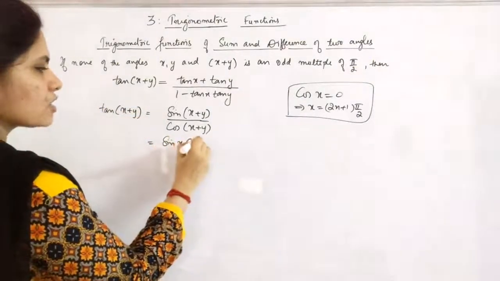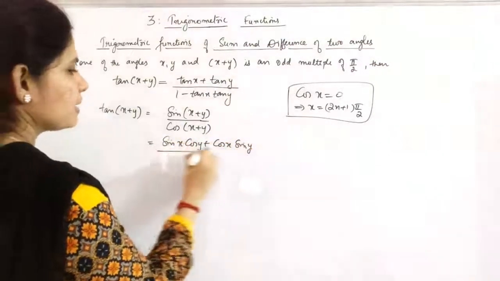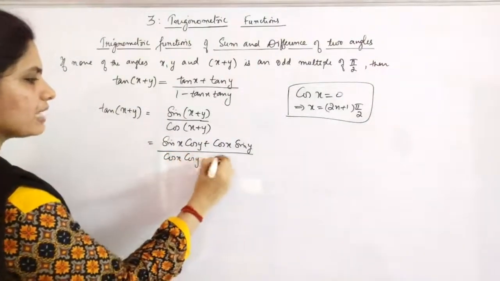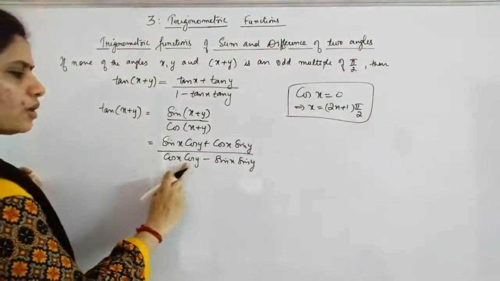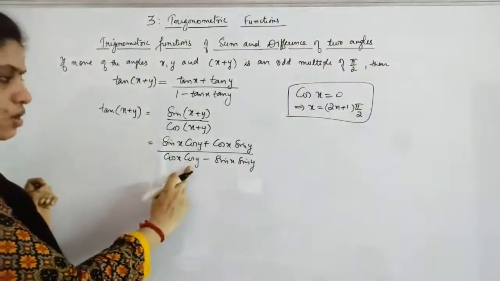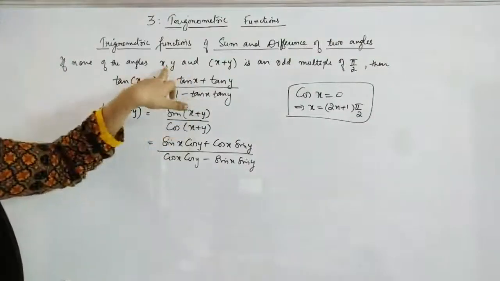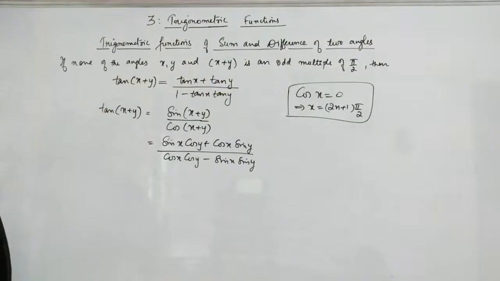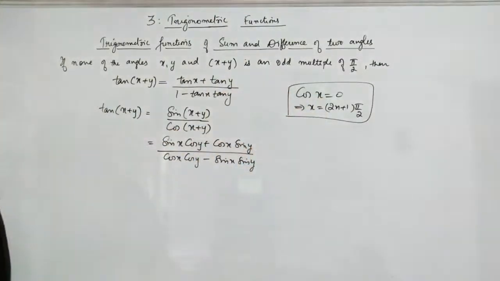Sine x cos y plus cos x sin y, divided by cos of x plus y, which is cos x cos y minus sin x sin y. Now you can see here you also have cos x cos y. So for the existence of them we are taking that x, y and x plus y, all three, are not an odd multiple of pi by 2. That means you don't have any case for cos of that angle to be 0.